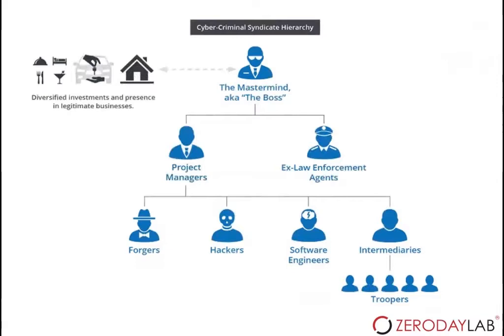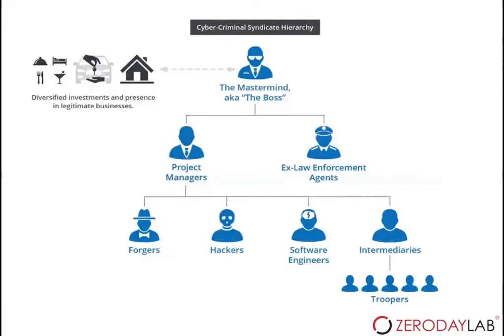So if you look at the hierarchy of hackers, there are what are known as bedroom hackers or cyber snowflakes. They're the guys who are wanting to make a name for themselves or get some money. They will talk to intermediaries on the deep dark web, and then they will get to know more professional hackers, software engineers and forgers.